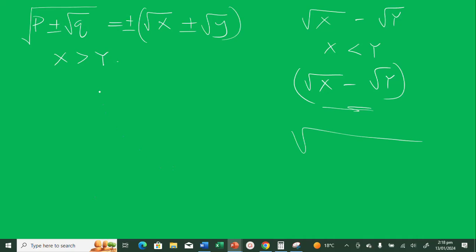But for our expression, we should make sure that x is greater than y. So that is the way it ought to be.